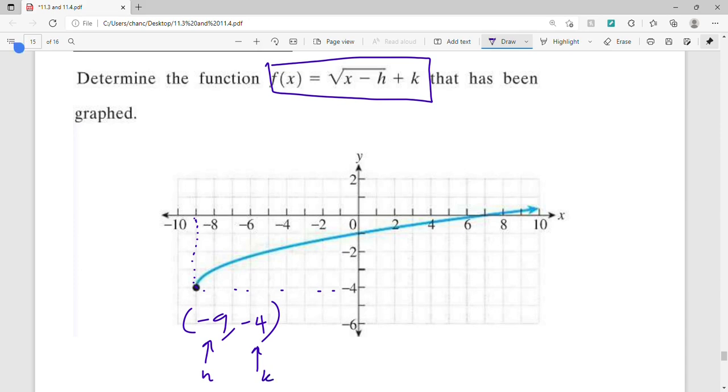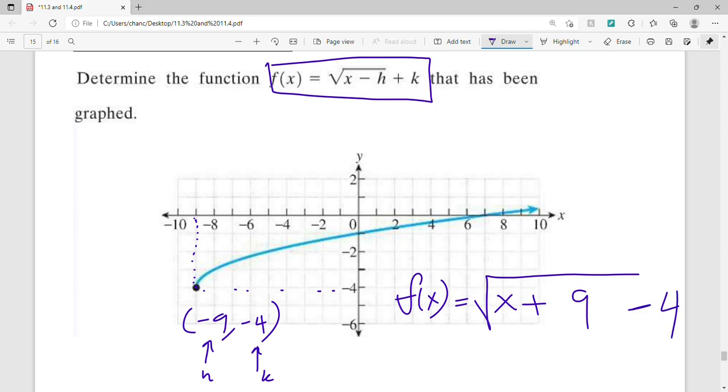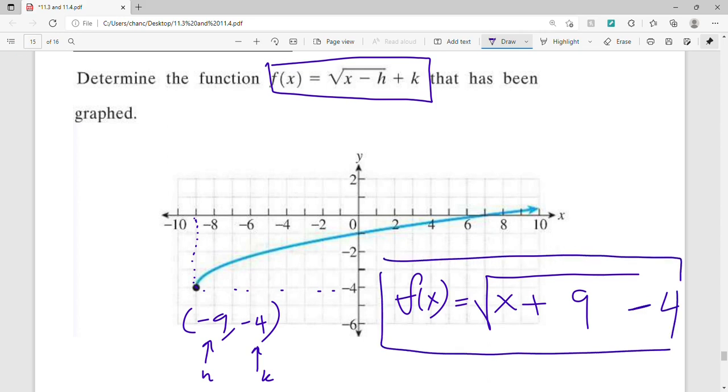This is my k. So if I were to rewrite this as the original function, it would be the square root of x plus 9. The reason it's plus 9 is because h is -9, and k is going to give me a -4. So the -4 is outside that radical. This is my original square root function.